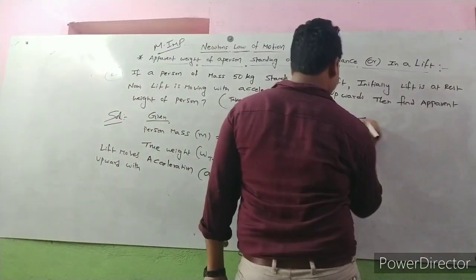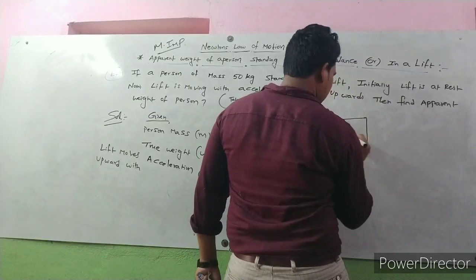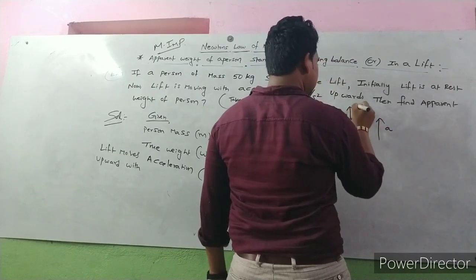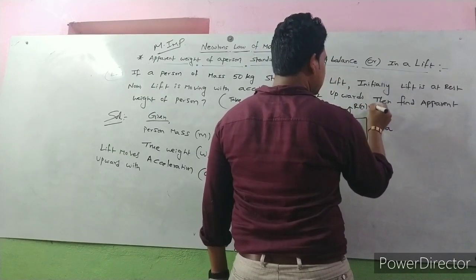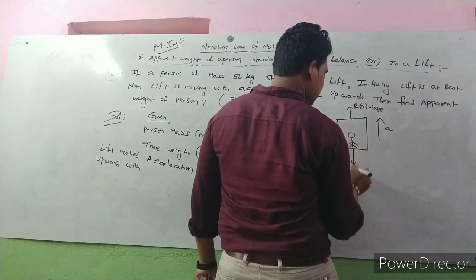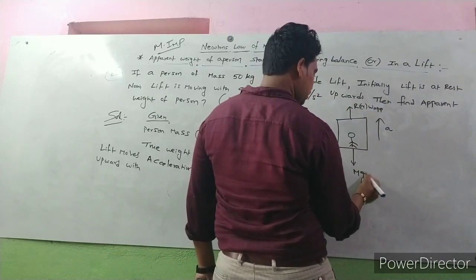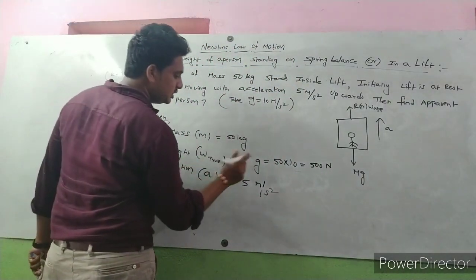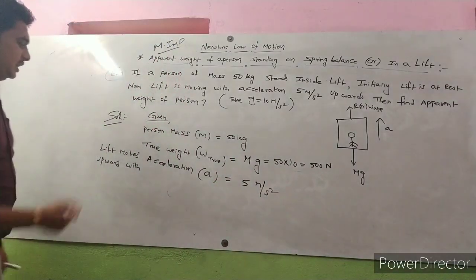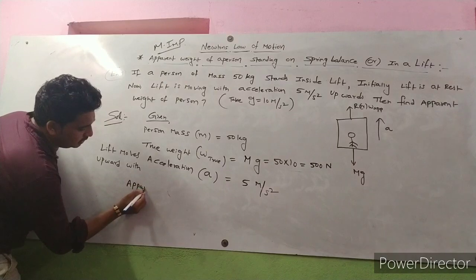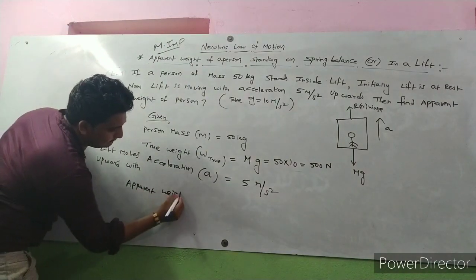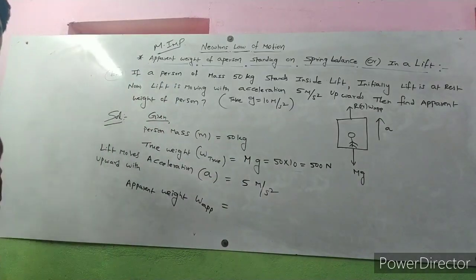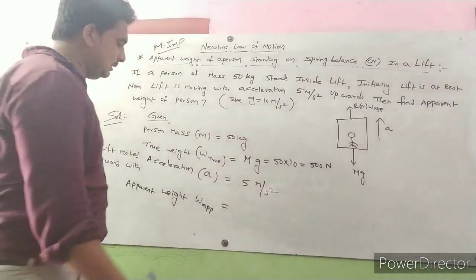So this is a person, this is a lift, and it is moving upward with acceleration. This is R or W apparent, and this is the weight mg. So the apparent weight W apparent is equal to, as we already know the formula, m into (g plus a).